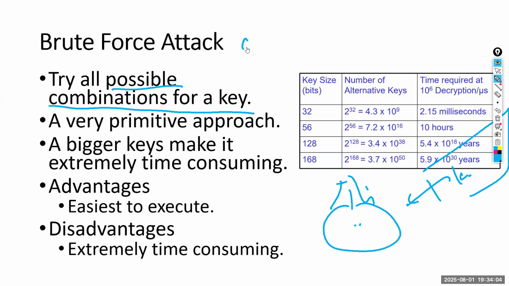You just try A, then A B, then A C, then A Z, then B A, then Z Z, until you get the correct key, the correct plain text.